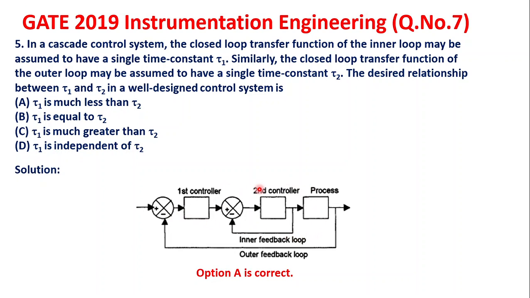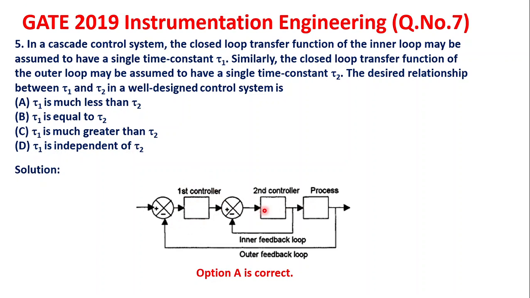Therefore, for continuous control action to take place, this controller has to act faster than this, because this controller gives the control action to the process, and the output variable is compared with the set point variable, and we get the error, which is fed as the reference signal to this. Therefore, this has to act faster than this.